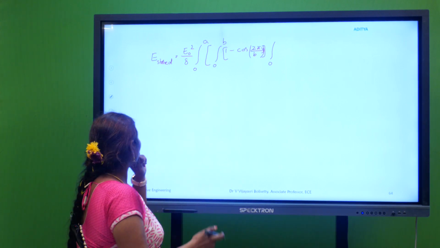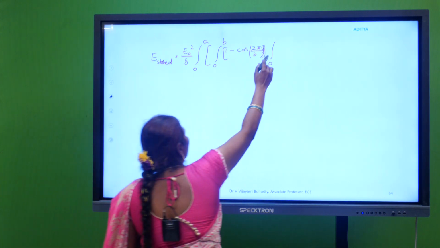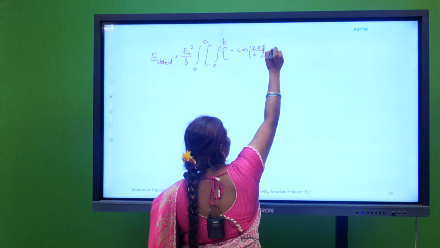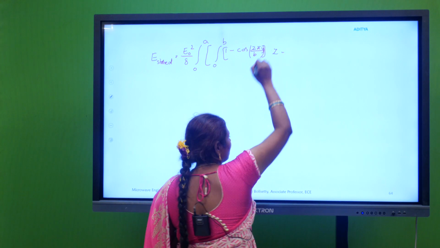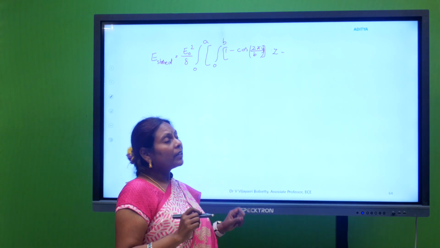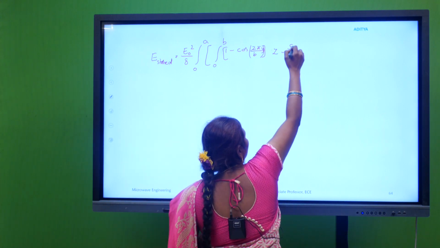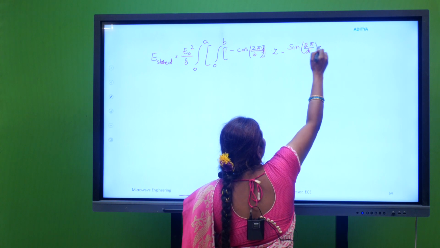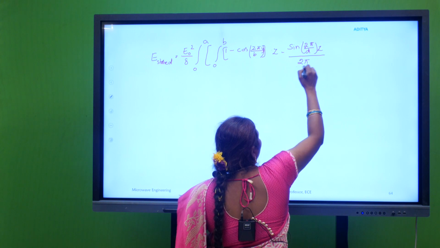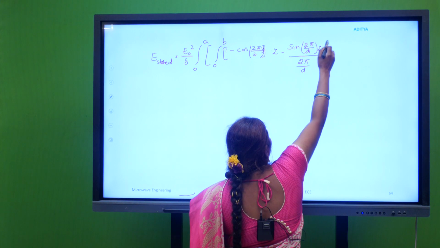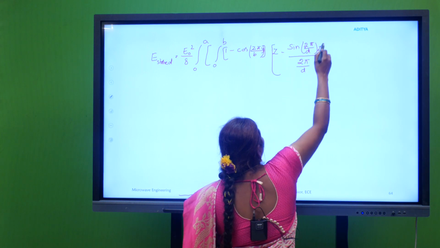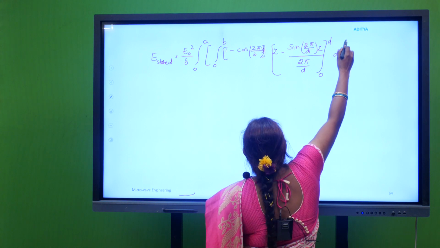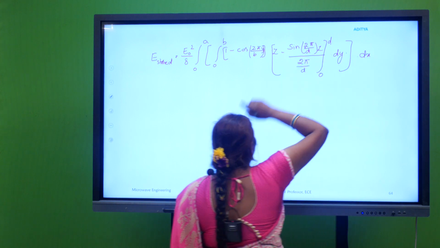That integration we can resolve: integral of 1 dz we can write as z, minus the integral of cos, which is sine 2 pi by d z by 2 pi by d, over the limits 0 to d, dy dx.